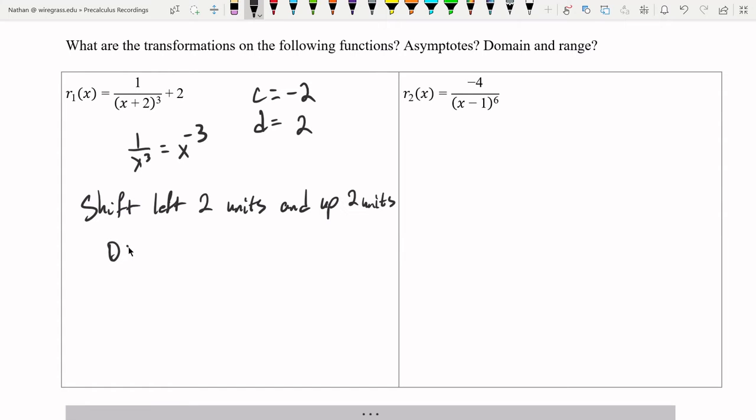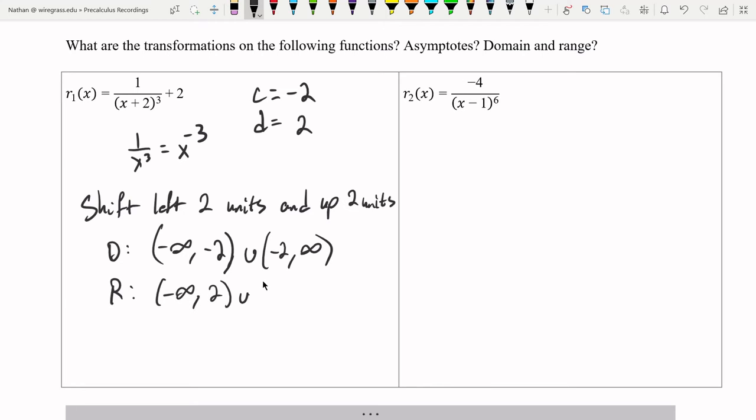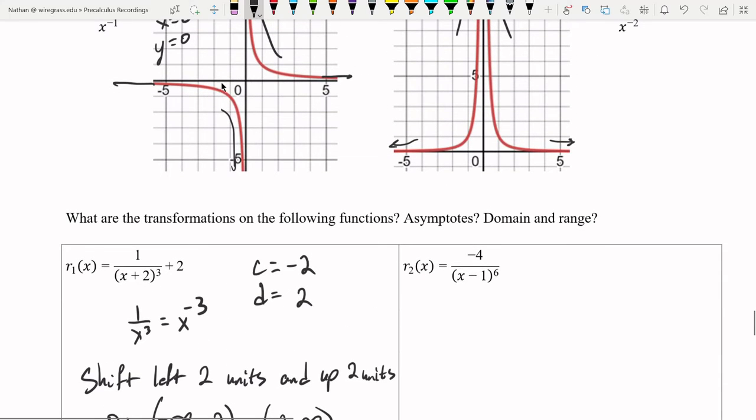So the domain is -infinity to -2, -2 to infinity, and the range is going to be that, because the horizontal asymptote got shifted up.